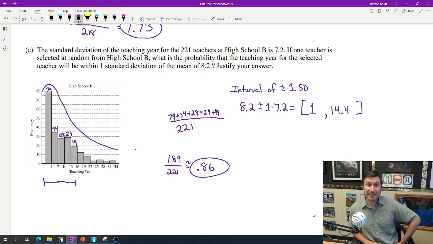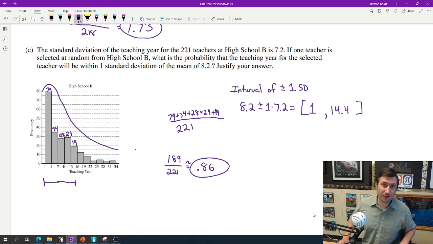All right, so there's an 86% chance that you will pick a teacher within one standard deviation. Again, it's not normally distributed. That's why it doesn't follow the proportions of a normal distribution. All right, hopefully that made some sense. You've got to think about some stats concepts in a bit different way for many of those questions, didn't we?